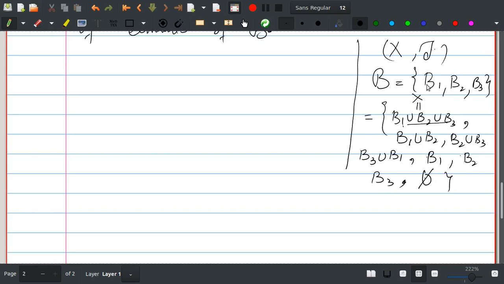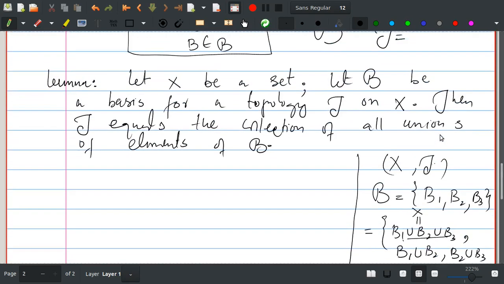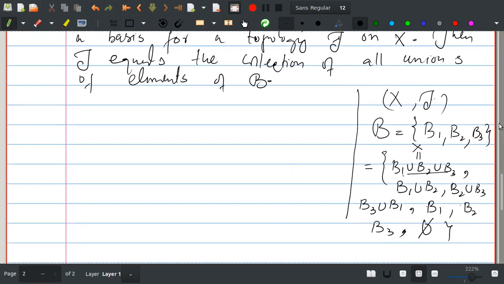So now what we have to prove, we have to prove this topology here actually equals the collection of all unions of elements of B. So we have to prove this T is this topology here.